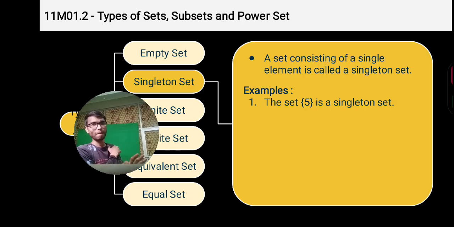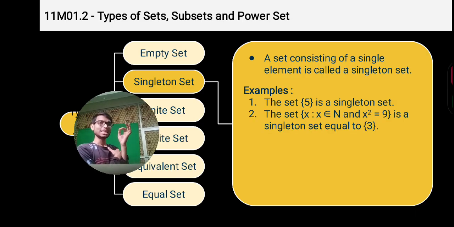Now next, this set {x : x belongs to natural numbers and x square is equal to 9}. So we will start: 1 raised to power 2 is not equal to 9.